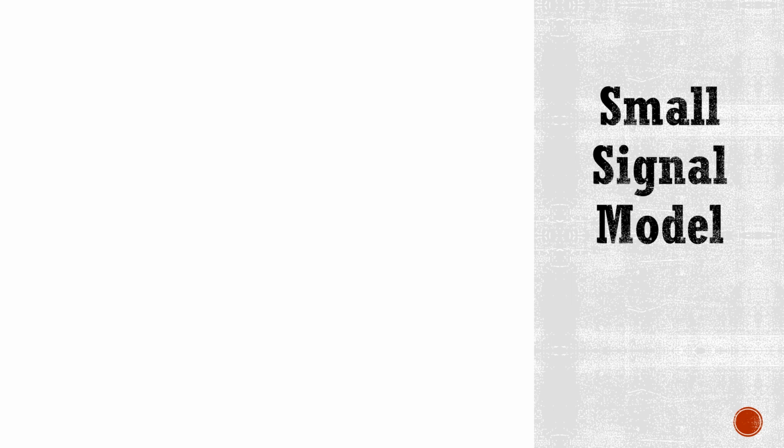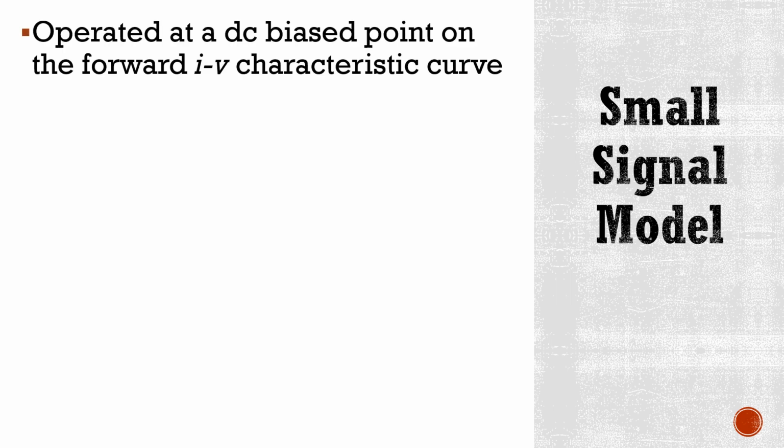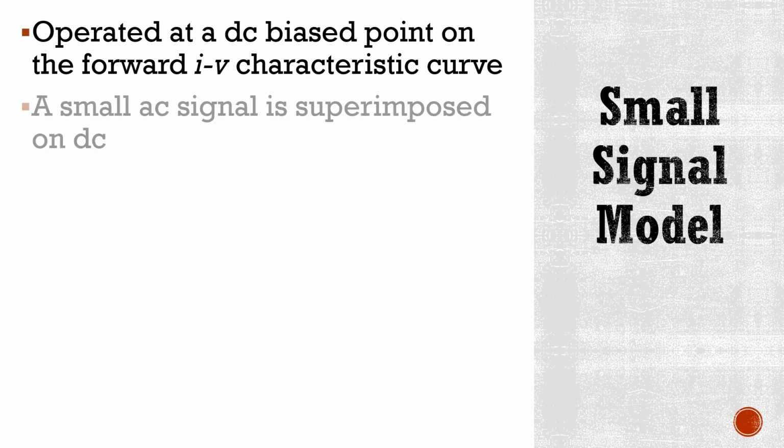Now we will understand the small signal diode model. This model is operated at a DC bias point on the forward current-voltage characteristic curve. In this model, a small AC signal is superimposed on DC.